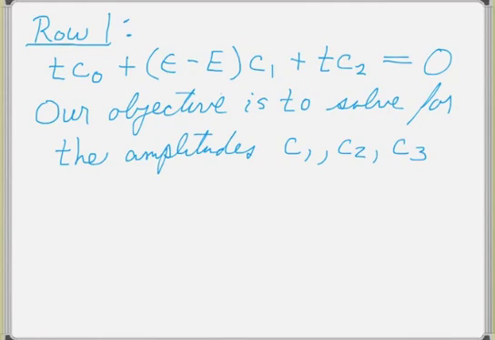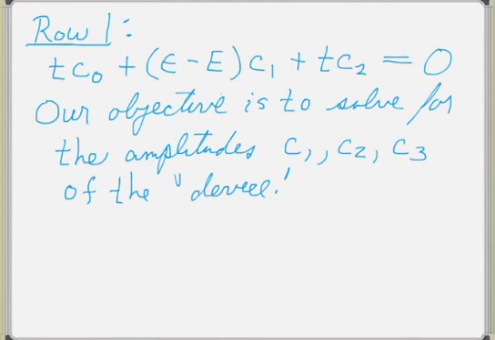This is why I made my device only 3 sites long, so we could be very specific and not get confused here. Solve for the amplitudes C1, C2, and C3 of the quote-unquote device, because it's only in the device that something interesting has happened, that you're going to have a potential variation.